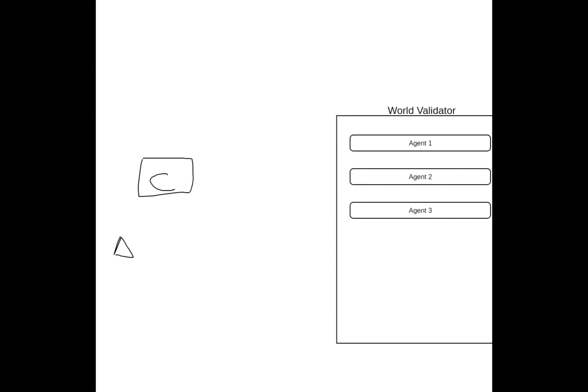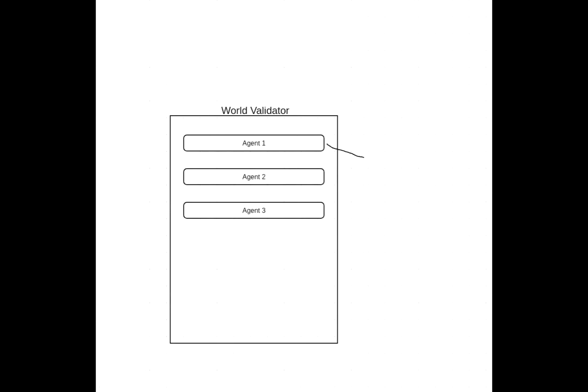You can just make it bigger. So you have this world validator, and every time two agents interact, they both go back to the same world validator, but something changed in the datums.